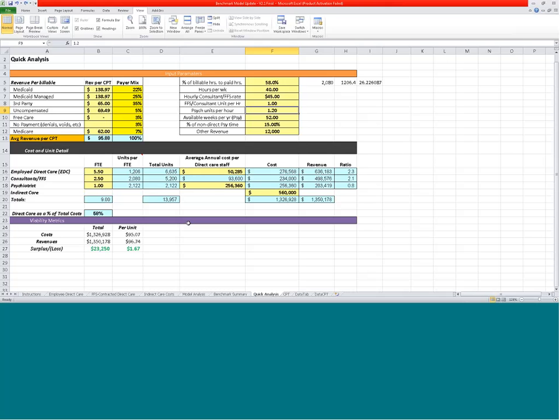Not understanding any of those would mean that you're not understanding one of the critical factors for making a clinic successful. And as you can see, I think, from this very quick play with the tool, all of these elements interact with each other, and all of these elements can be changed to affect the bottom line.